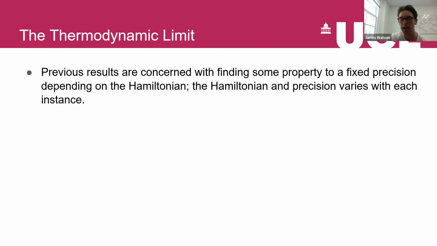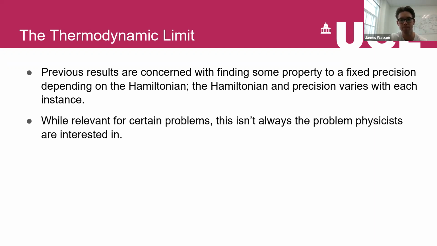So you can think of this as the problem where I have, let's say, a family of molecules, and I want to find out the lowest energy state of each of these molecules to a fixed precision.